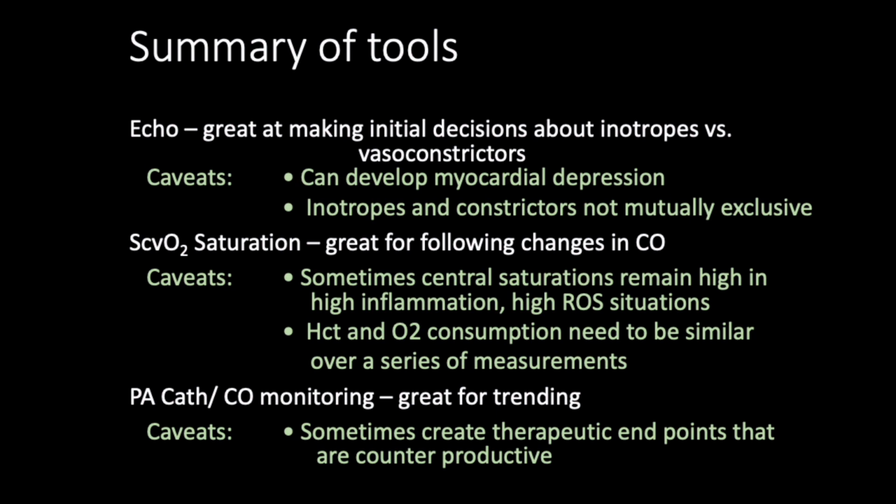And so, targeting CVPs and PA diastolics and mixed venous sats and indices and so forth, those are great numbers that you can put together for trends and for stories about how somebody got to where they are and what's going to make them better, and also provide some tools for helping them get better. But those are not therapeutic endpoints, and that can be counterproductive sometimes.